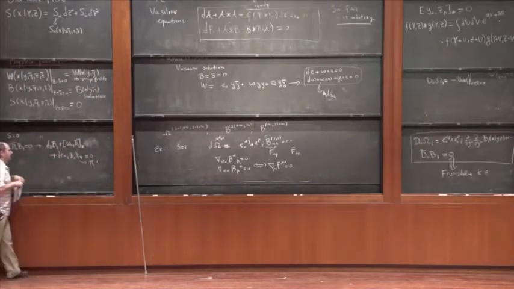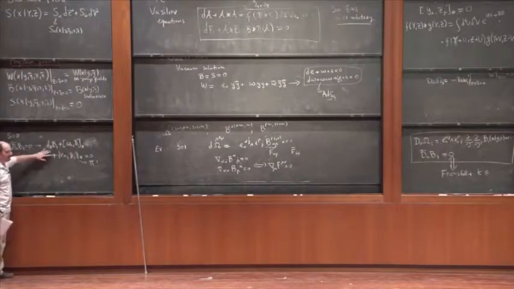And that pi becomes important at this level. If you didn't have that pi, this would be a commutator, and then this equation would not describe Klein-Gordon.